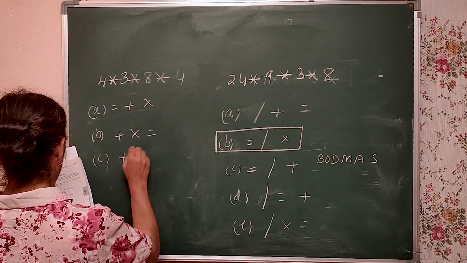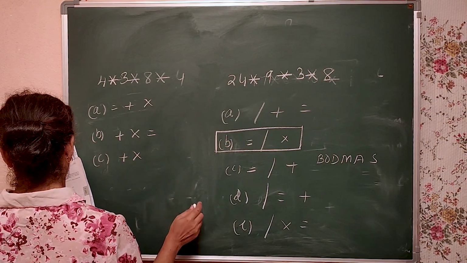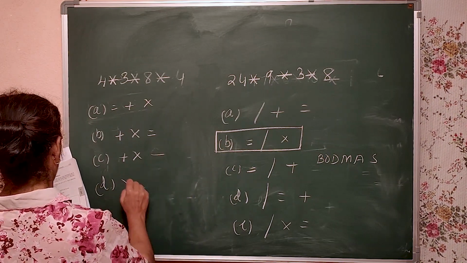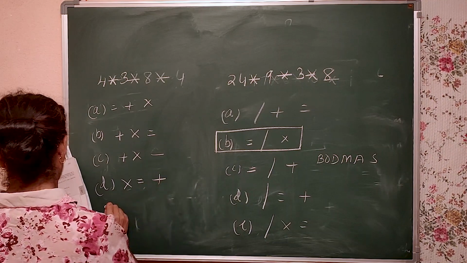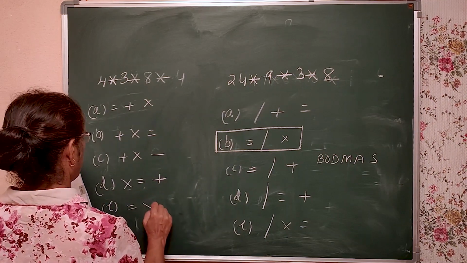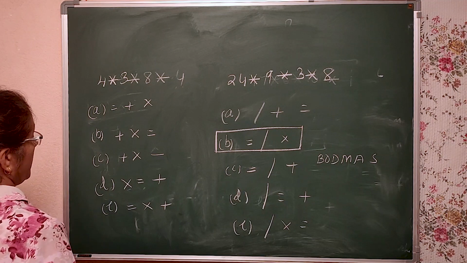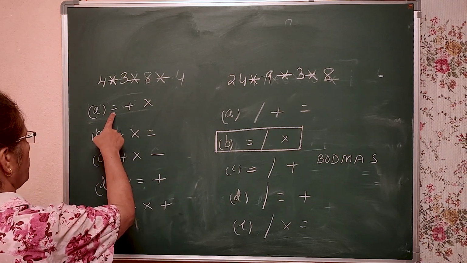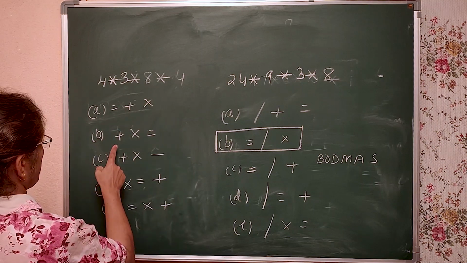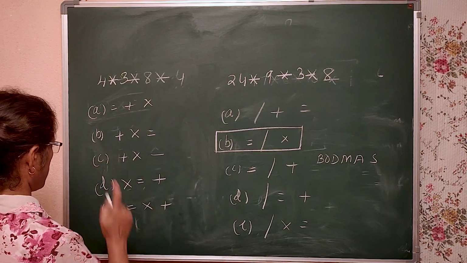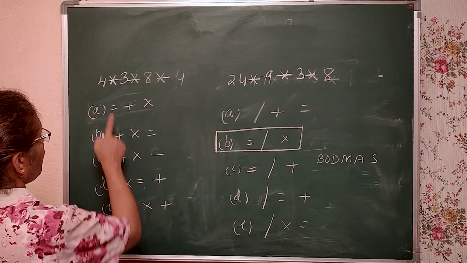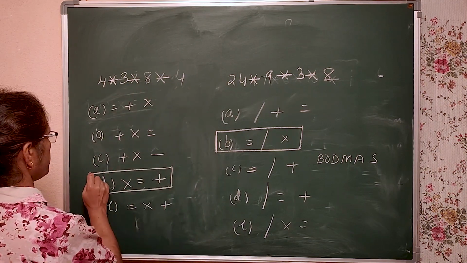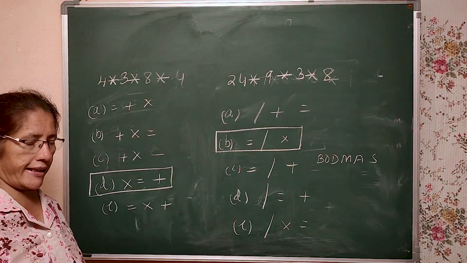C: plus, into, minus. D: into, is equal to, plus. E: is equal to, into, plus. Which one is correct? Maybe 4 is equal to, no, it is not possible. 4 plus 3, 7, no, not possible. As I said, 4 3s are 12 is equal to 8 plus 4. So this option is correct.